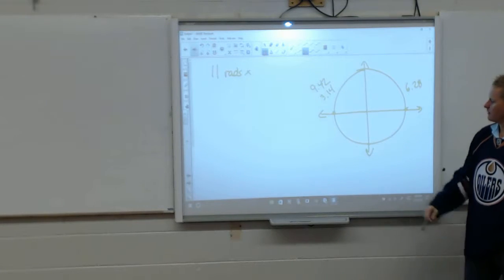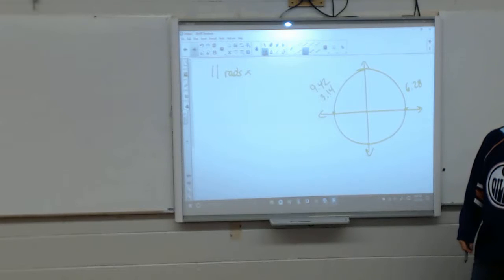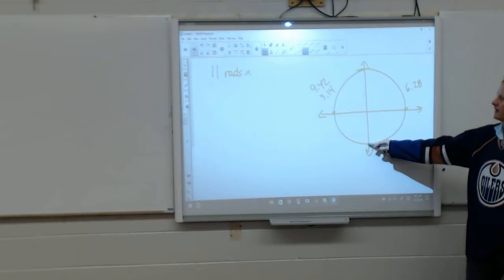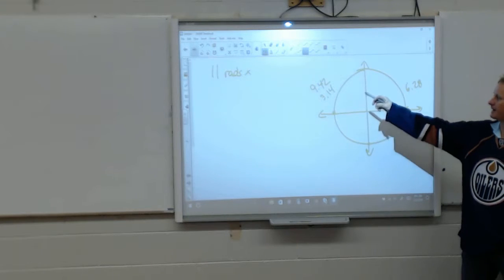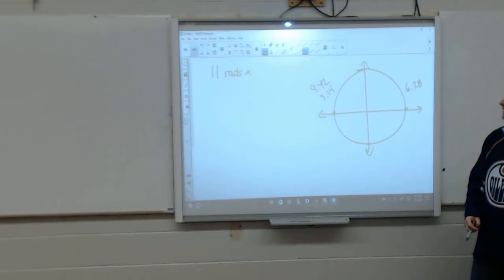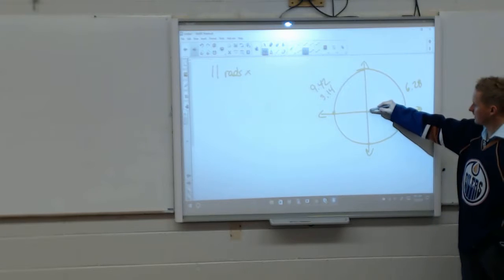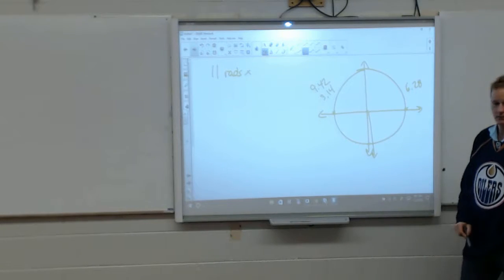Down to here, 9.42 plus, not quite another pi, oh, half a pi. So what's half of 3.14? 1.57, correct? Add that on to there, and that takes us to 10.99. So where's 11? Right there.